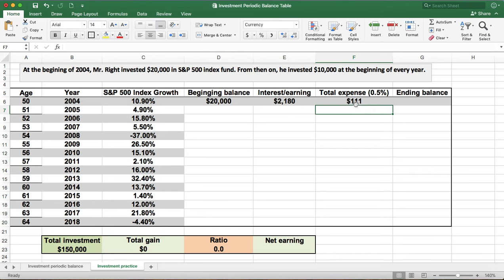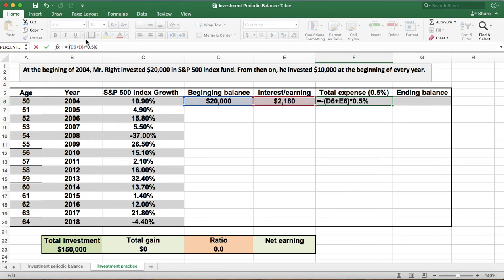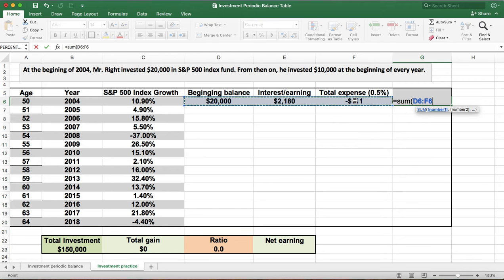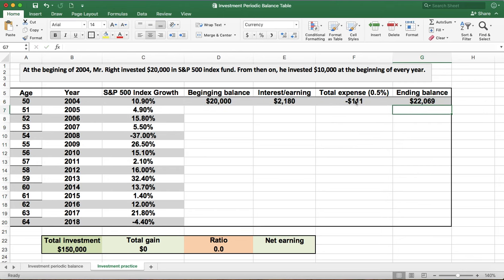This is the expense. Because it is an expense, we better put a minus sign on. So the ending balance is, you just sum up these three values. Now, this is the first year's ending balance.